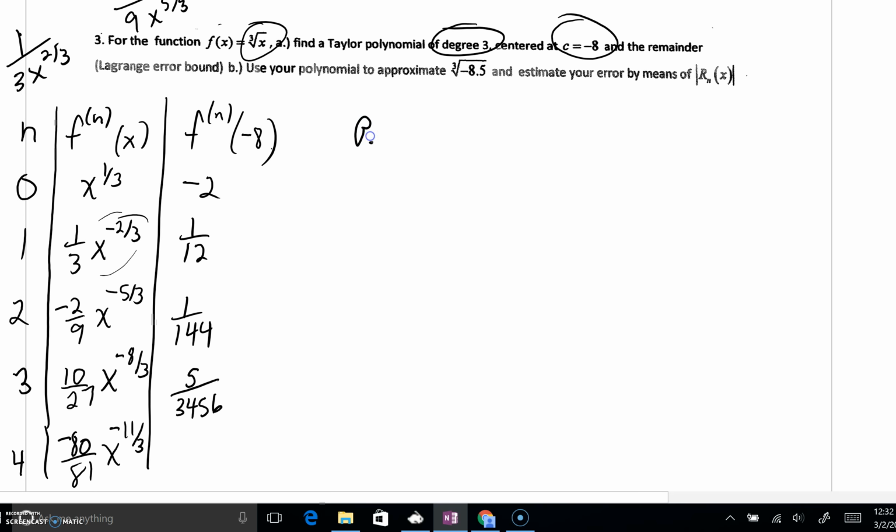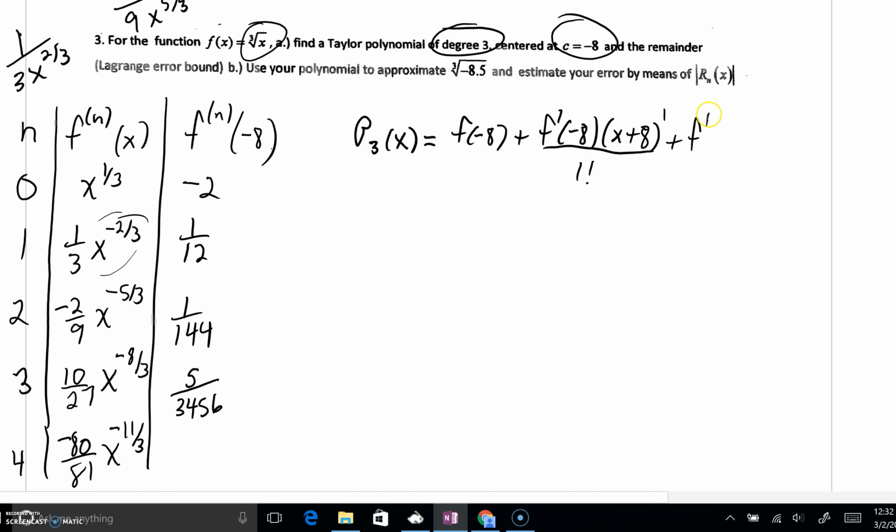But let's just review how we find a 3rd degree Taylor polynomial. We're centered at -8, so we'll have f of -8 plus the first derivative at -8 times x plus 8. This is x minus -8. It turns into x plus 8 to the first power all over 1 factorial.